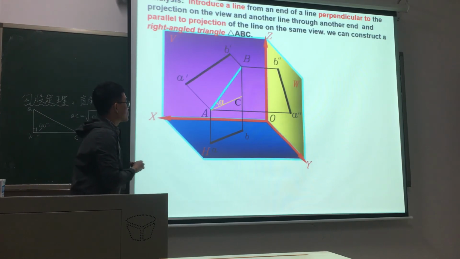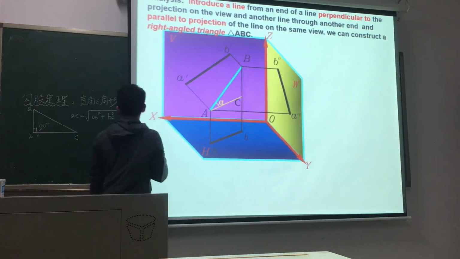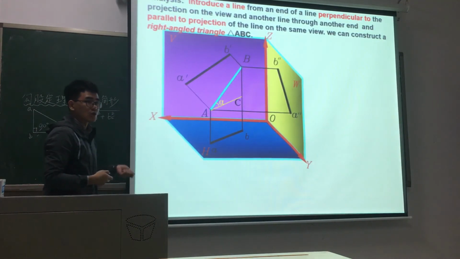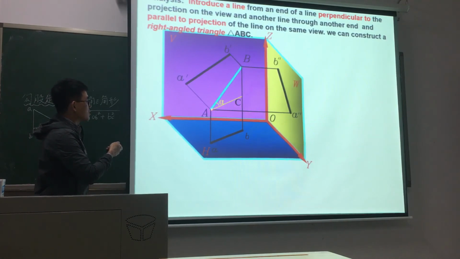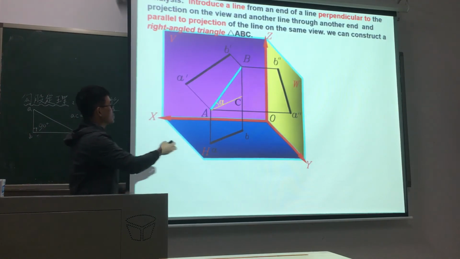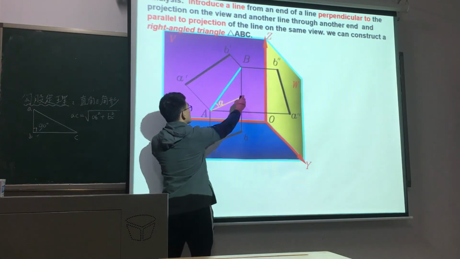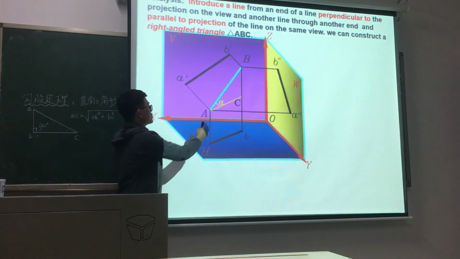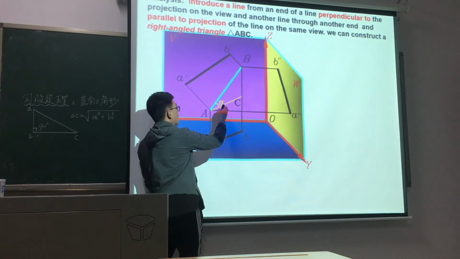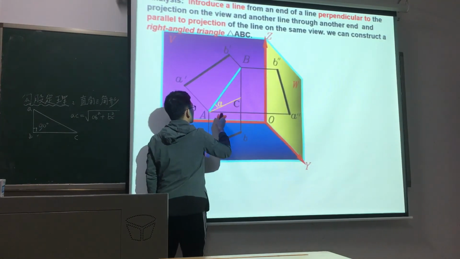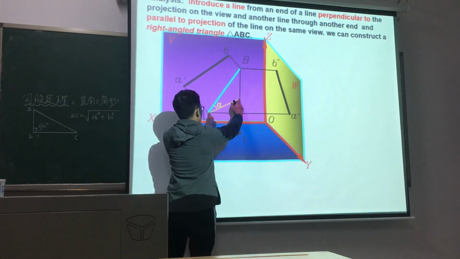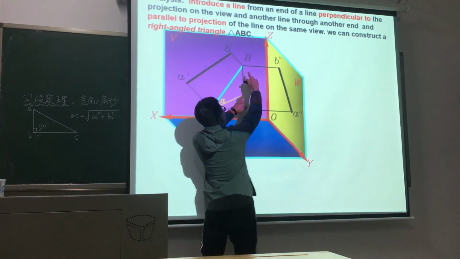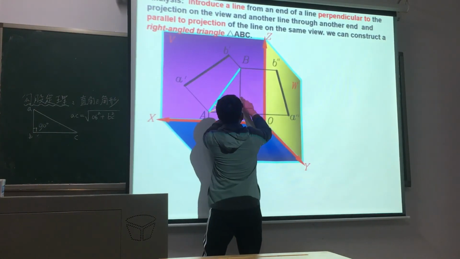If you want to know the AB length, you should add a right triangle. Extend this point to this line, because this is a parallel plane, so this angle must be 90 degrees. This angle is alpha. This length is the true length. This side is equal to AB. The only thing we don't have is the length between B and this point.